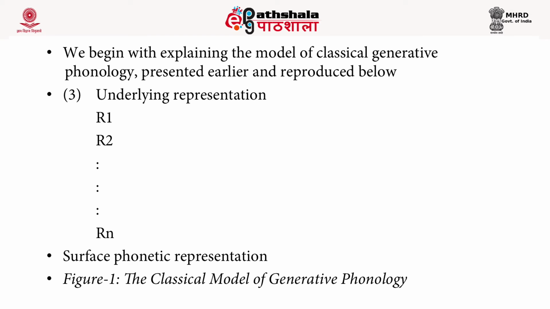There didn't seem to be any reason why these processes were taking place. But when we describe them in the autosegmental framework, we find that they have a very insightful explanation. So the theory was slowly developing into an explanatory theory, a theory which tried to make explicit the phonological knowledge of the native speaker of a language.